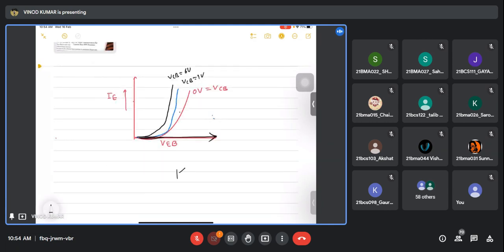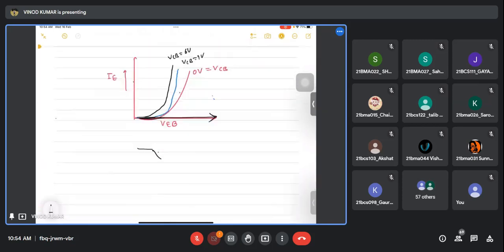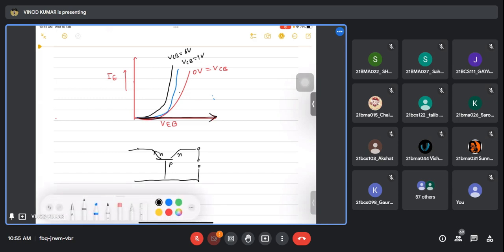If this voltage is 0, suppose, it means we are not applying any voltage here. So this is just a PN junction only.